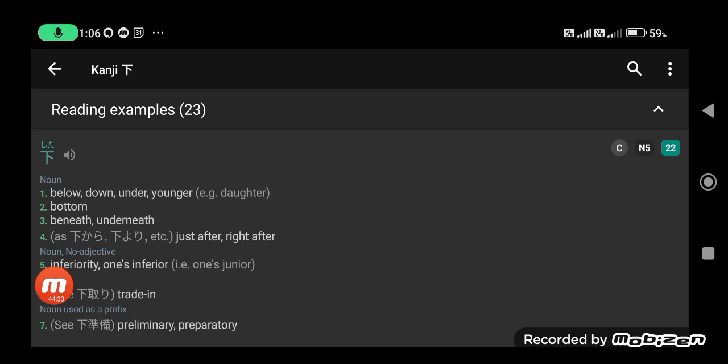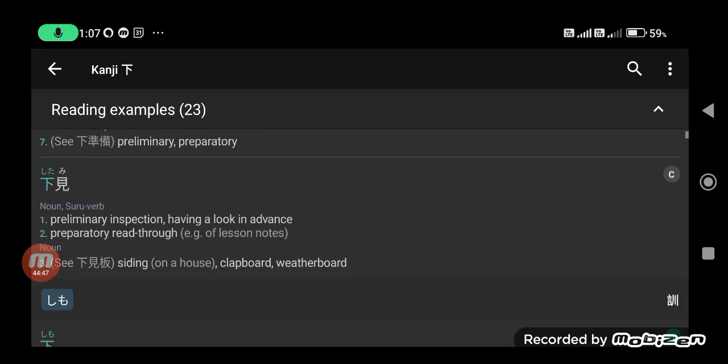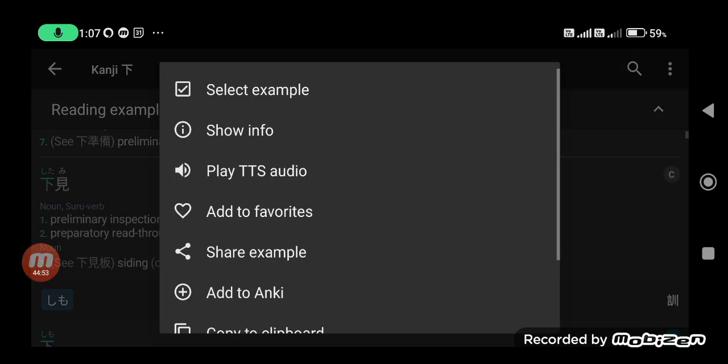When used as a no-type adjective, shita means inferiority, one's inferior. Shitadori: trade in. Shitami: preliminary inspection, having a look in advance. Shitami.